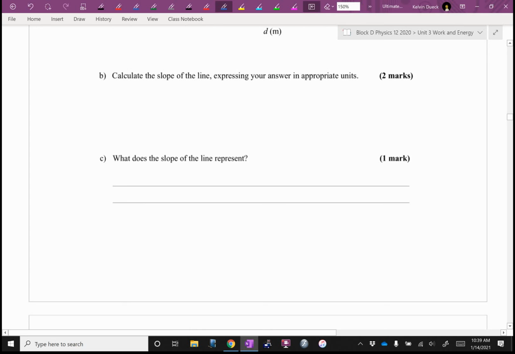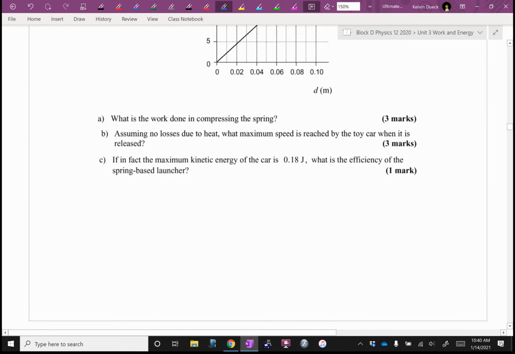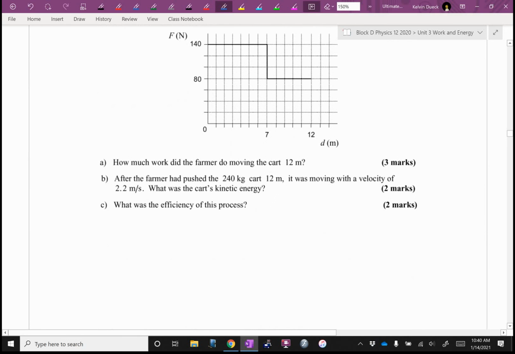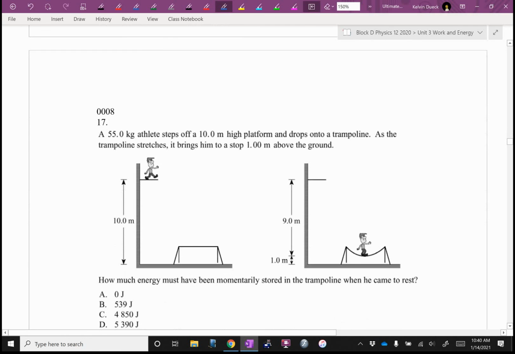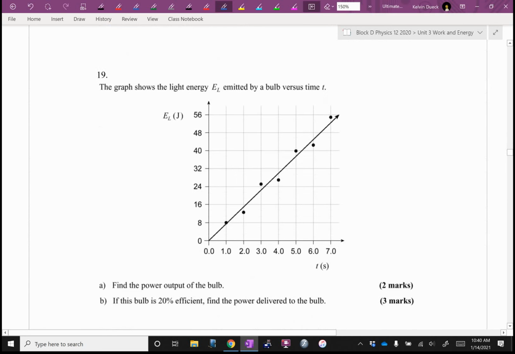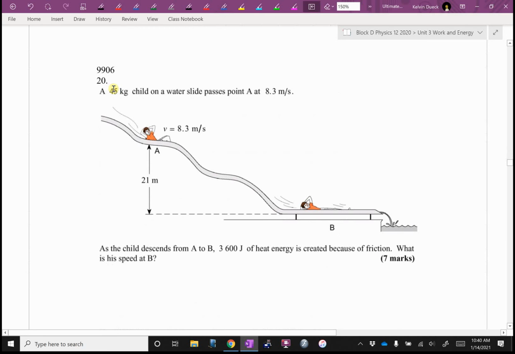Skip 14. Skip 15. Skip 16. Did I give you 16 last time? I did? No, good. Skip 17. Skip 18. Skip 19. Did I give you 20 last time? I probably did.